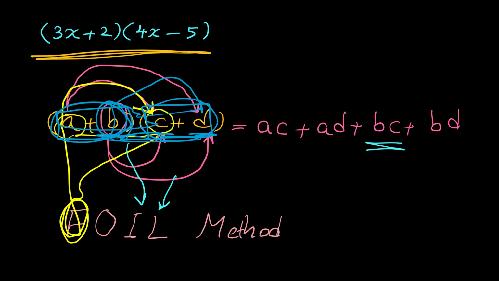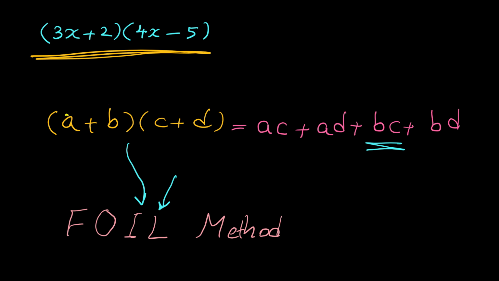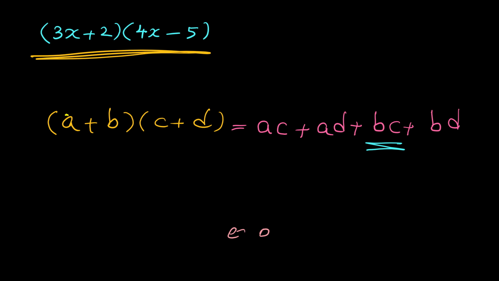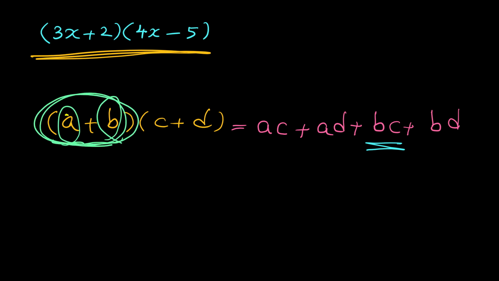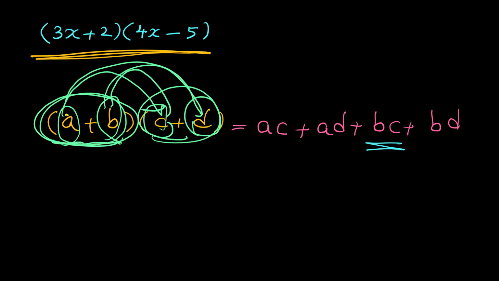So we use this FOIL acronym to remember the way that we have to multiply these two brackets by each other. But is it really necessary to memorize this acronym? No. It's very simple. Multiply each term from this bracket in each term in the other bracket. A times c, a times d, b times c, b times d.